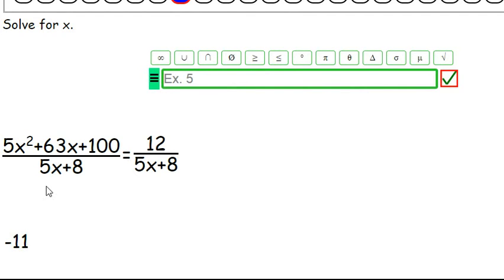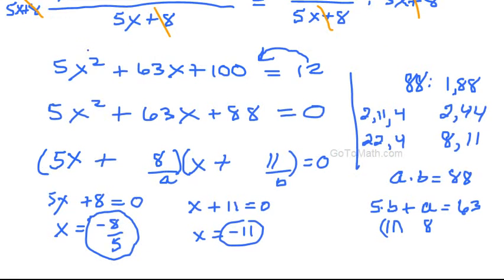Alright, so that's kind of a trick here, and that's something we've got to watch for. So we've got two solutions. Because this says 2 right here, this tells us that we're going to have two solutions, and they may not be real. We hadn't got to that section yet, but these are two real solutions.